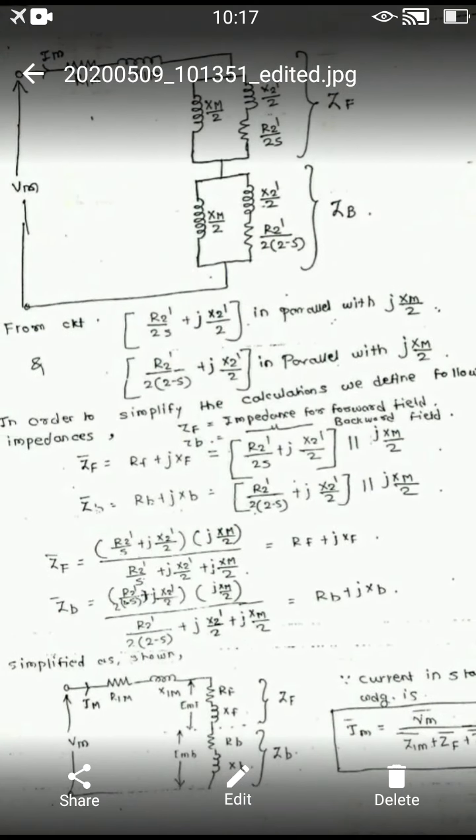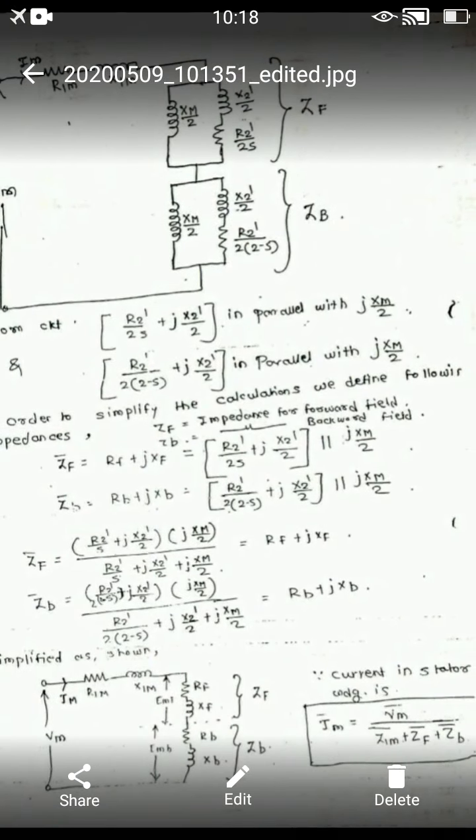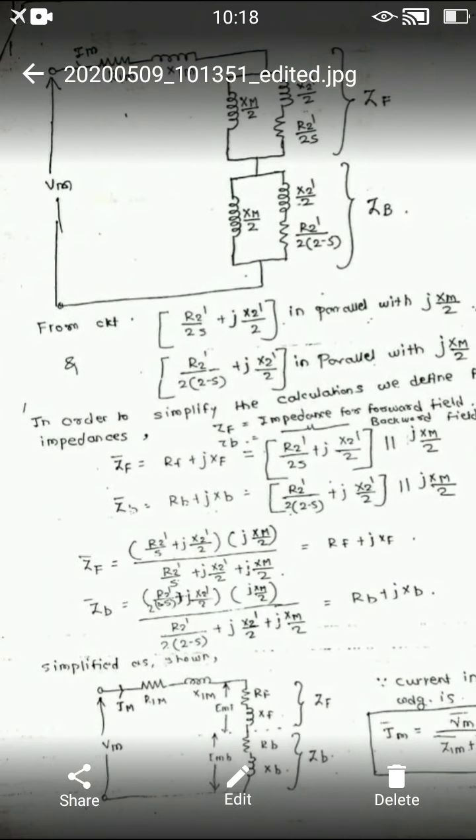For getting the value, ZF bar is equal to RF plus JXF, which is R2 dash by 2S plus J into X2 dash by 2 in parallel with J into XM by 2. Similarly, the impedance for the backward field is Z bar B equal to RB plus J XB, which is R2 dash divided by 2 into 2 minus S plus J into X2 dash by 2 in parallel with J into XM by 2.